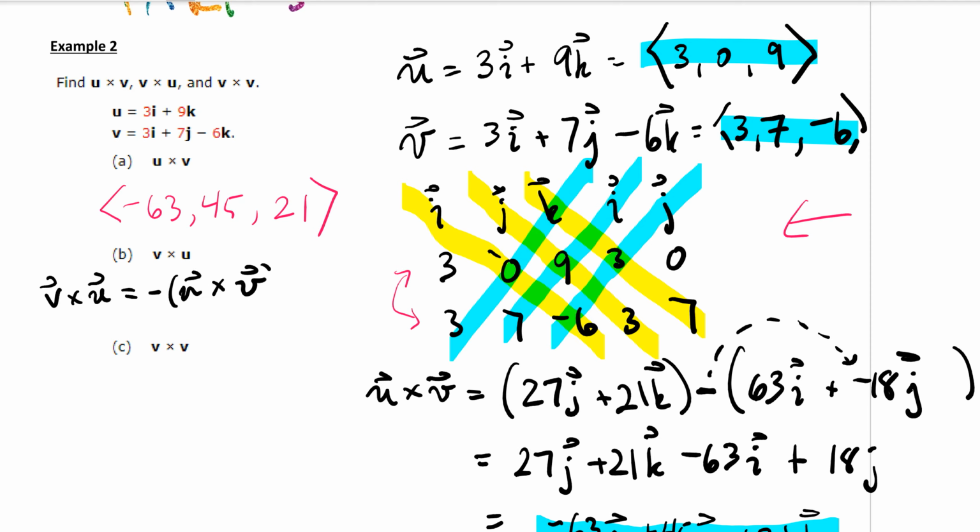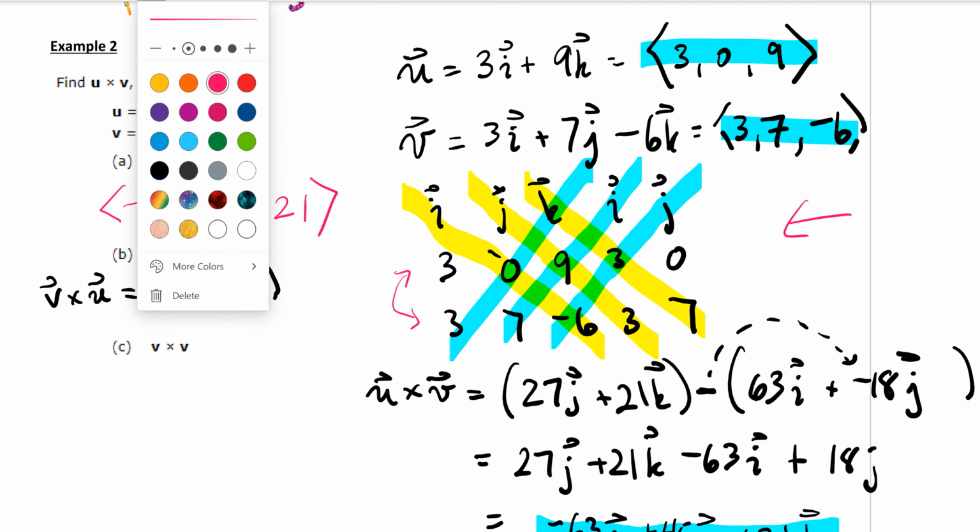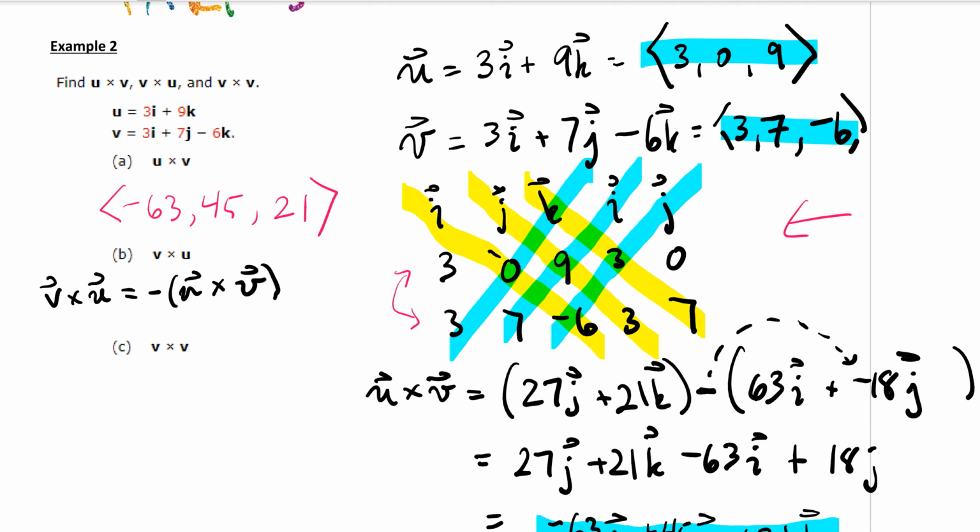It's kind of a cool property. It says you can switch the order of the cross product, but you have to change the sign when you do that. So the answer for B, using that property, no real work involved, would be negative what we have up top.